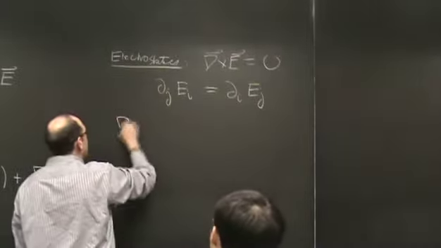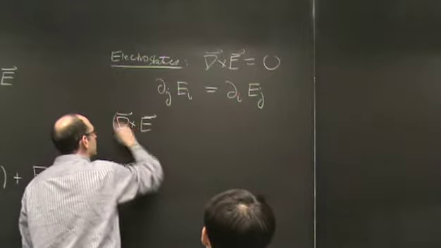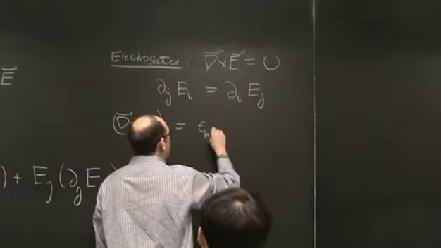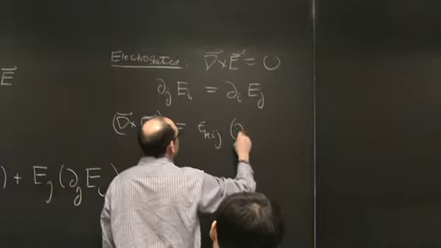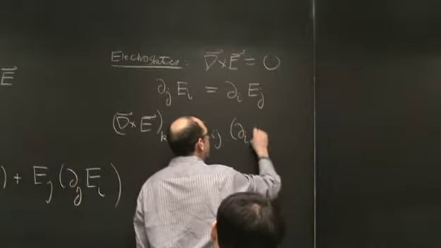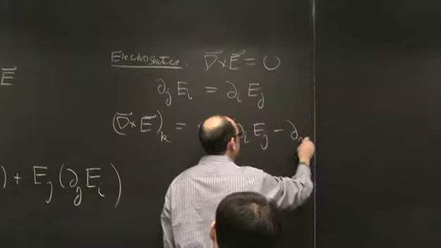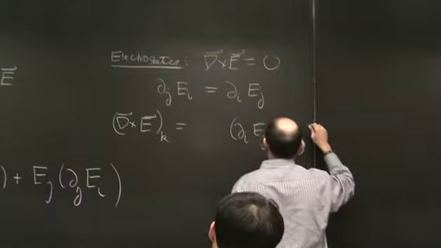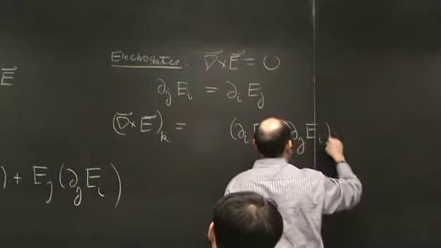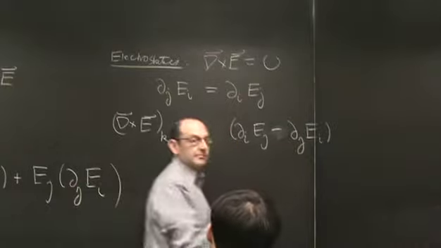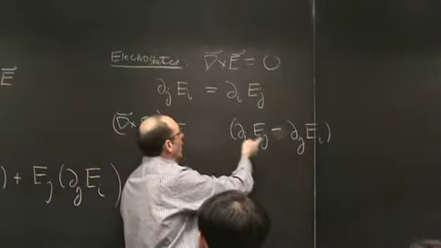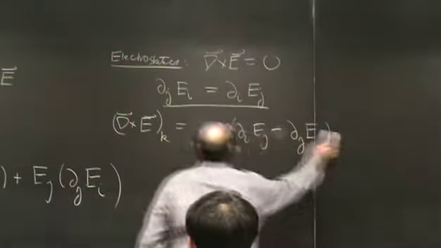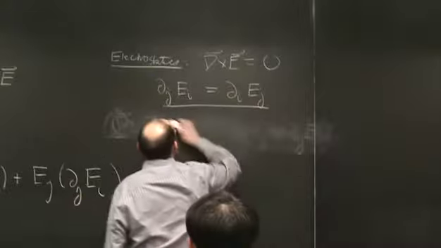Because if I looked at the kth component of this, that's epsilon k i j, d i E j minus d j E i. So, the curl tells us I can do that. This follows from that.